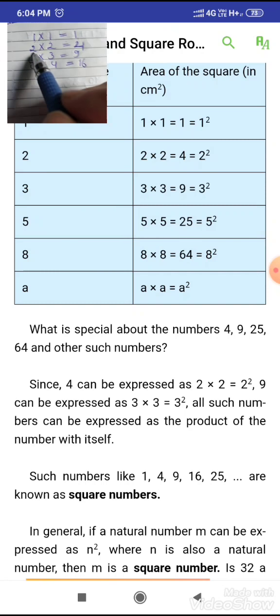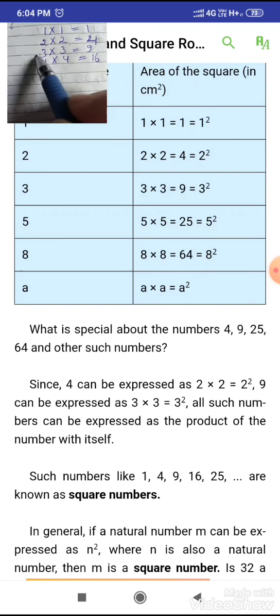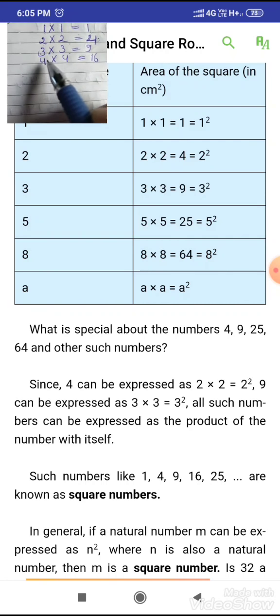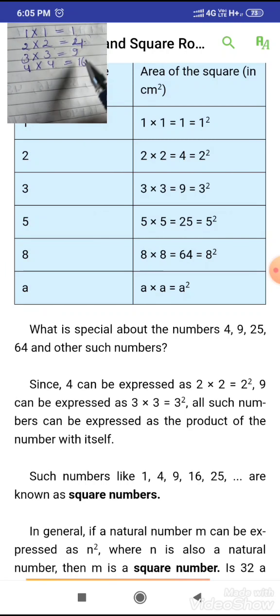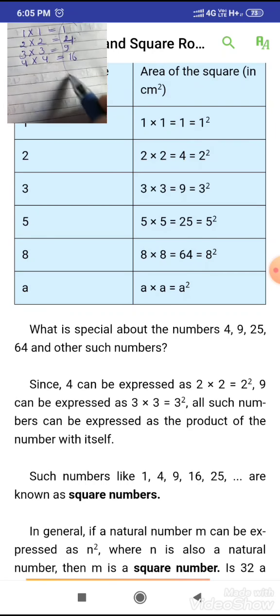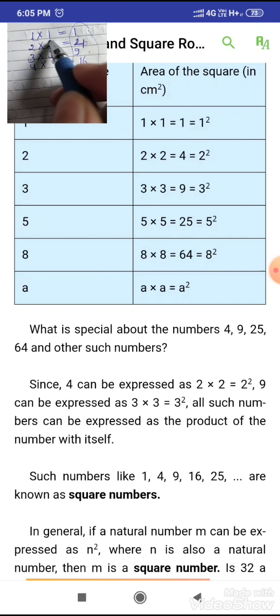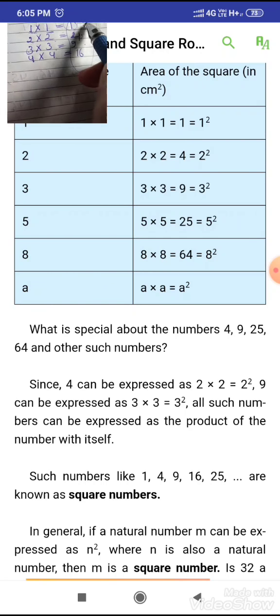When we multiply 2 by 2, we have 4 as the product. When we multiply 3 by 3, we have 9 as our answer, and when we multiply 4 by 4, we have 16 as our answer. So all these numbers which are obtained by multiplying a number by the same number are known as square numbers.